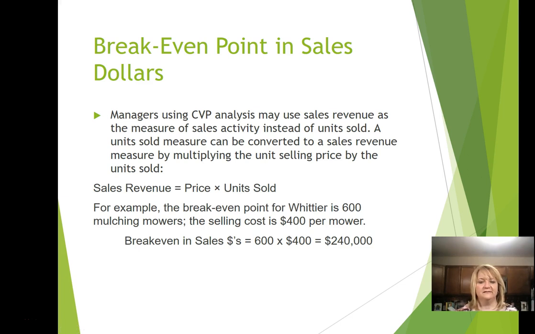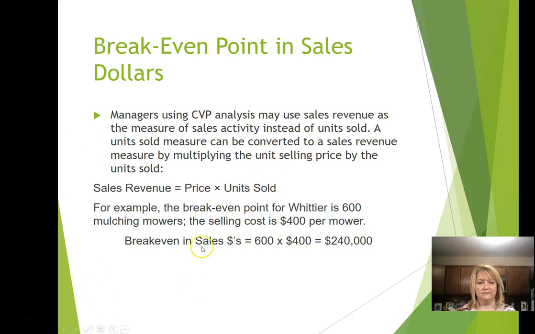Managers using the CVP analysis may use sales revenue as a measure of sales activity instead of units sold. A unit sold measure can be converted to a sales revenue measure by multiplying the unit selling price by the units sold. So this is how you do that. Sales revenue equals price times units sold.